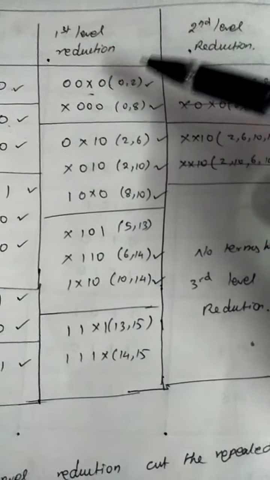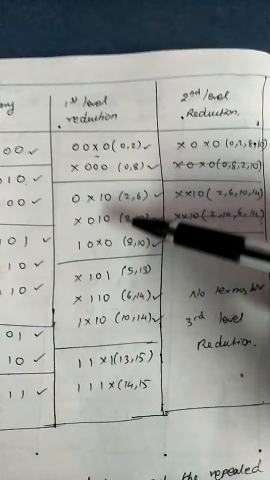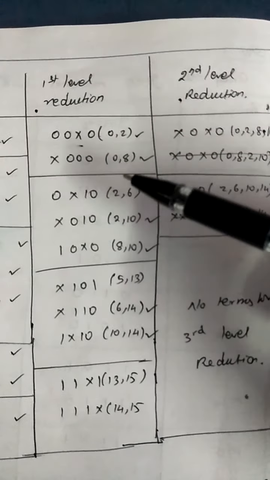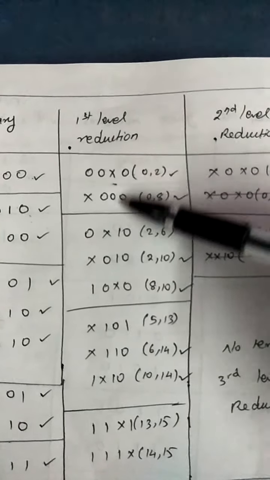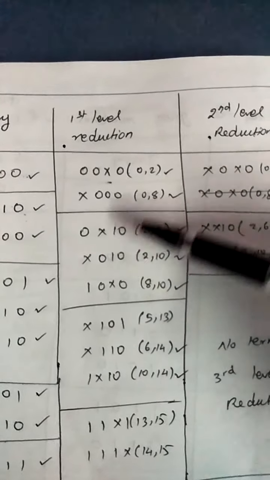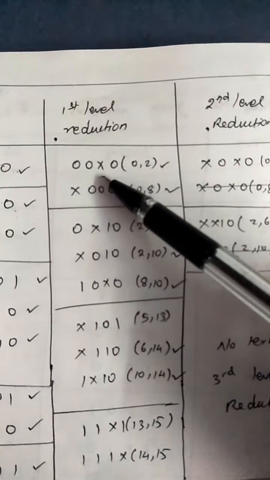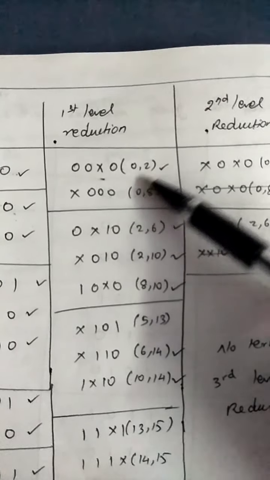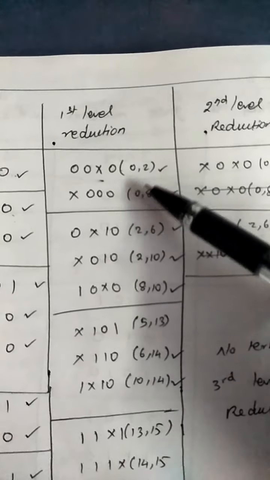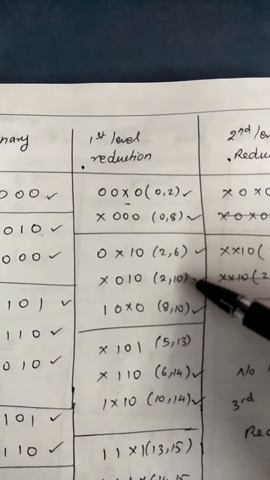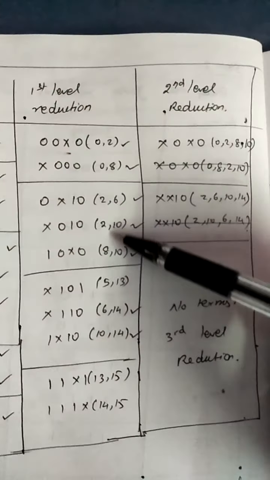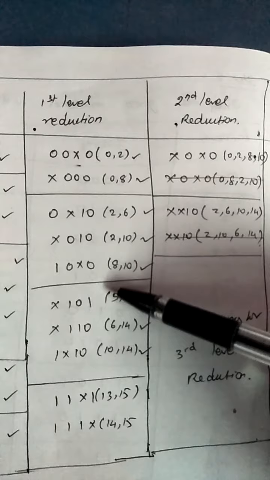After this, we need to obtain the second level reduction. The second level reduction means we compare this group with this group. For example, we choose the 0, 2 value and compare it with 2, 6, then 0, 2 with 2, 10. Likewise, we compare all the values here.